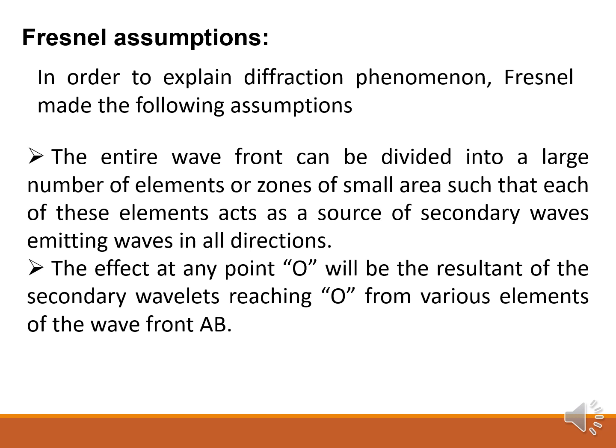Means what? The wavefront is divided into zones of small areas, and each area acts as a source of secondary waves, and these waves travel in all directions. The effect at any point O will be the resultant of secondary wavelets reaching O from various elements of the main wavefront AB.